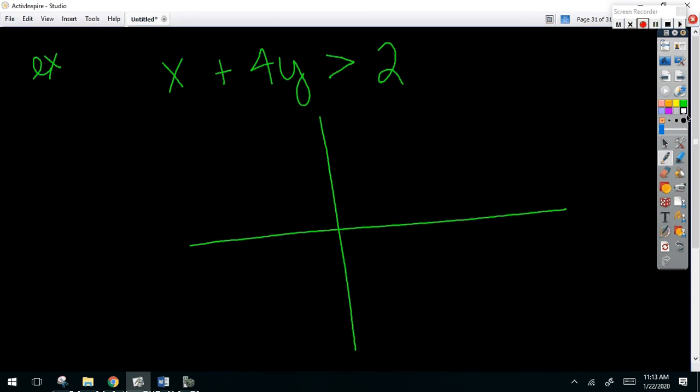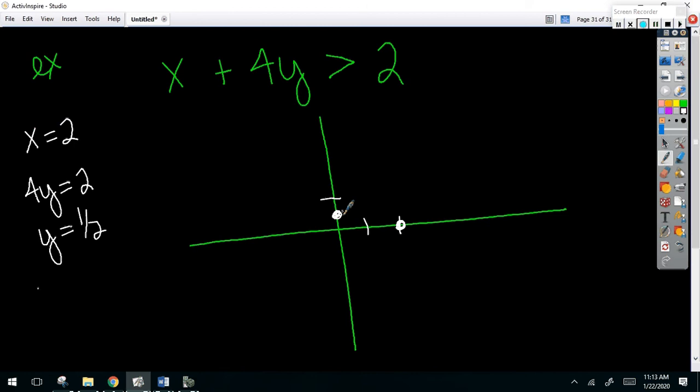What form is this written in? Standard form. So I can use cover-up and find my intercepts. If I cover up the y part, I have x equals 2. That's my x-intercept. And if 4y equals 2, y is 1/2.